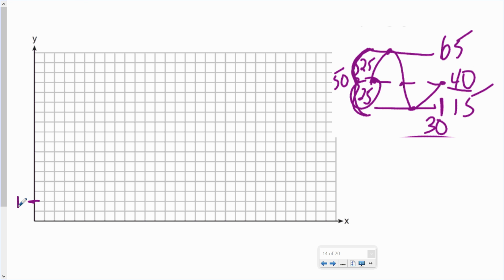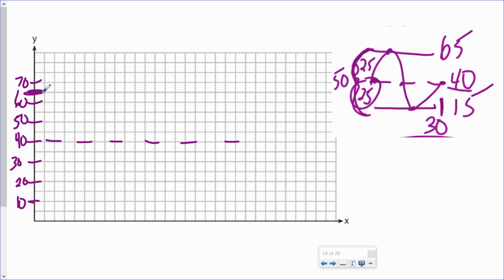So this is going to be 10, 20, 30, 40, 50, 60, 70. So my midline is 40. My max is 65.